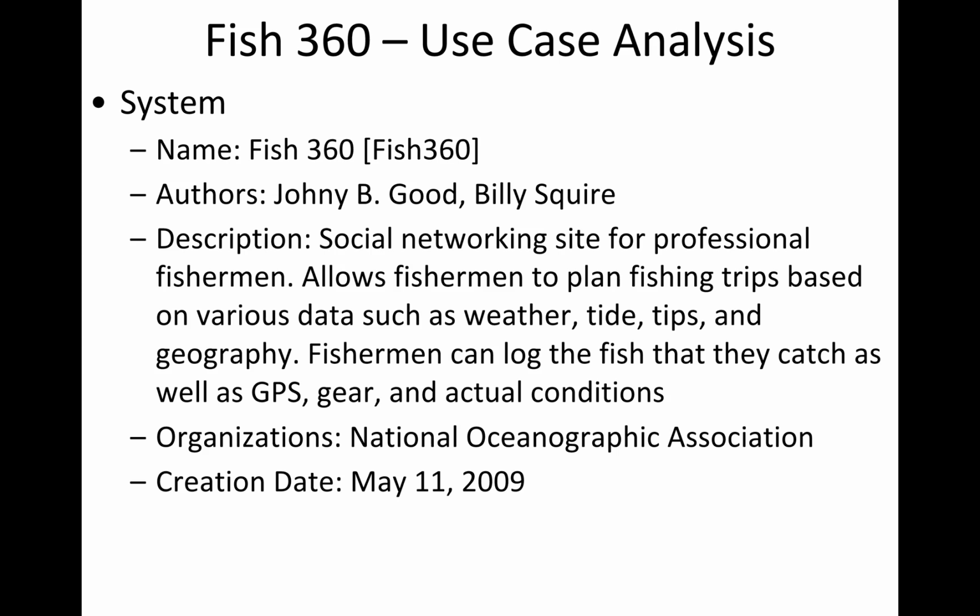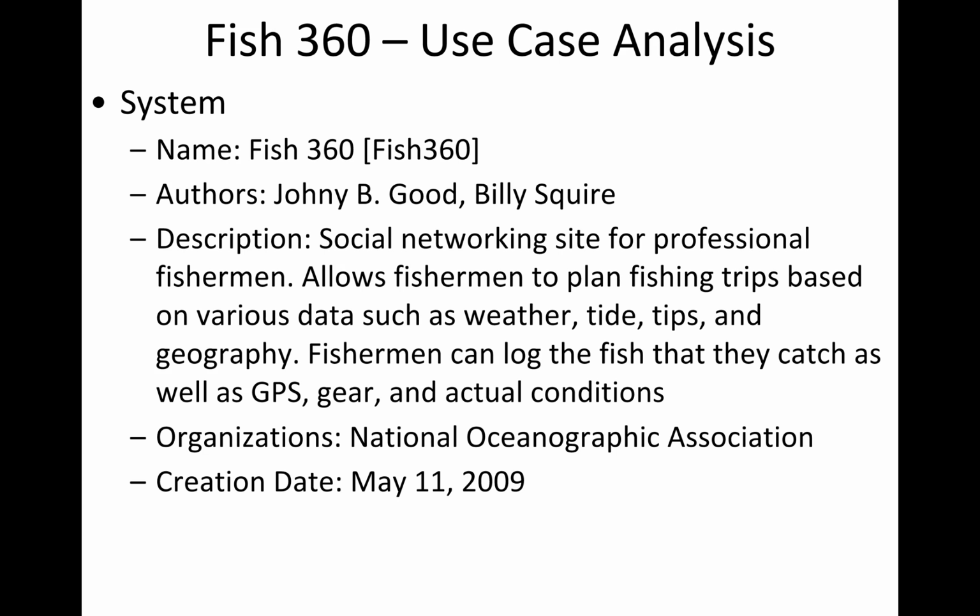Here's another one, describing a system, kind of like a social network, that allows folks to participate. These are fishermen who can share and brag about fish that they catch. They can participate in competitions.